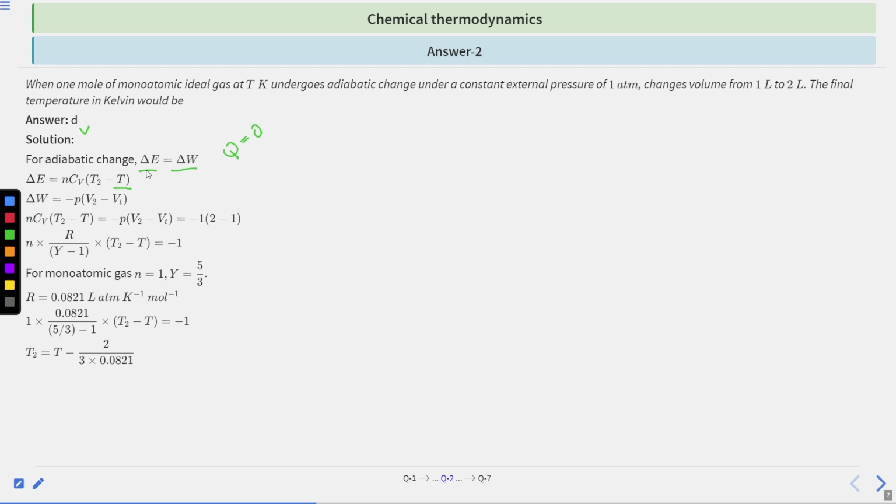Work done will be equal to minus external pressure multiplied by (V2 minus V1), the change in volume, where V2 is the final volume and V1 is the initial volume at T temperature.